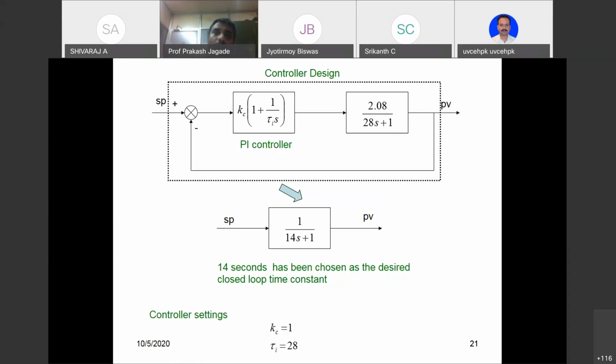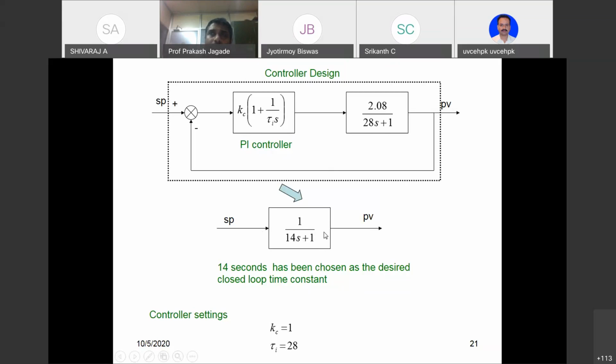What is our interest now is we wanted to design a PI controller such that the closed loop transfer function we would like to achieve is 1 by 14 s plus 1. So the open loop transfer function is 2.08 divided by 28 s plus 1, and after designing a controller, what we wanted to achieve is 1 by 14 s plus 1.